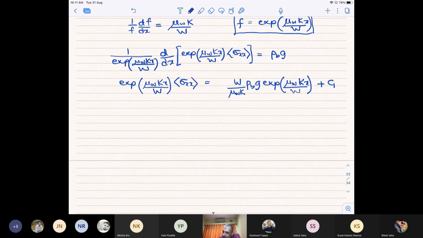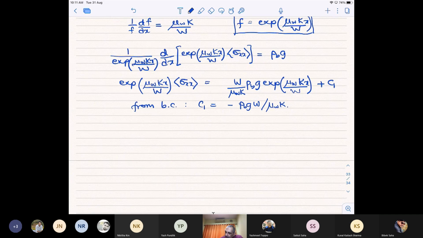So that means C1, from the boundary condition, we get C1 is just equal to minus rho b g w divided by mu w times k.